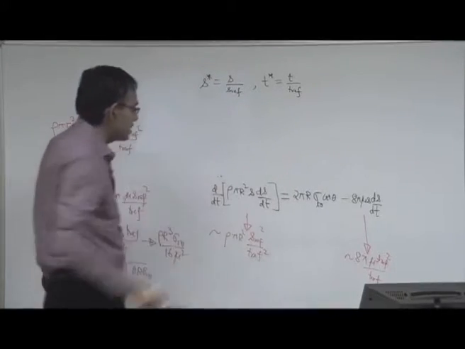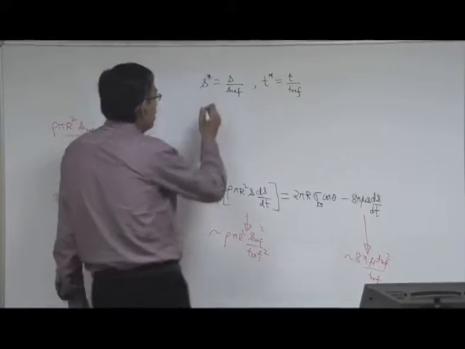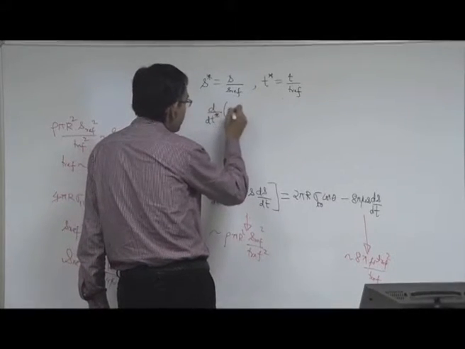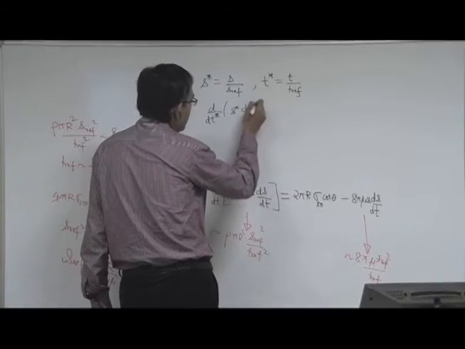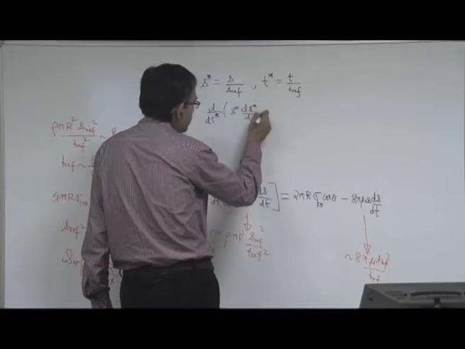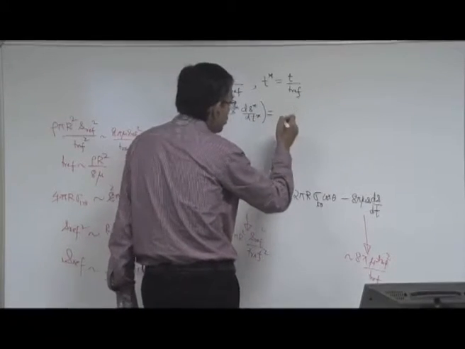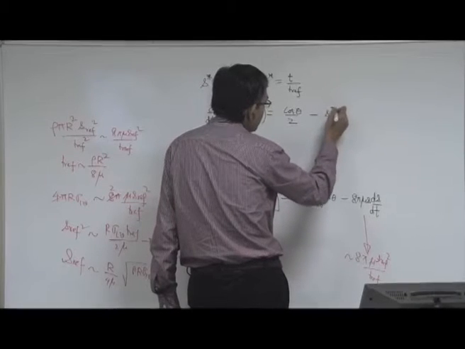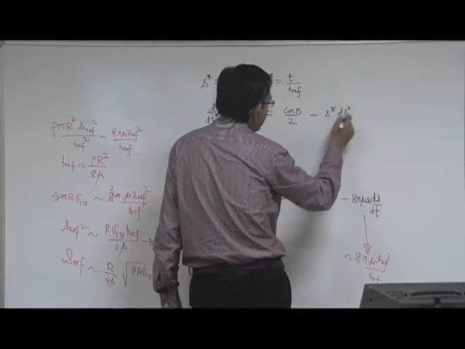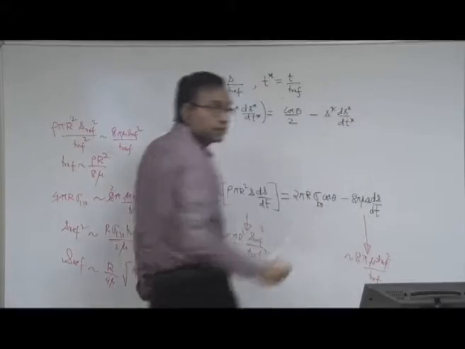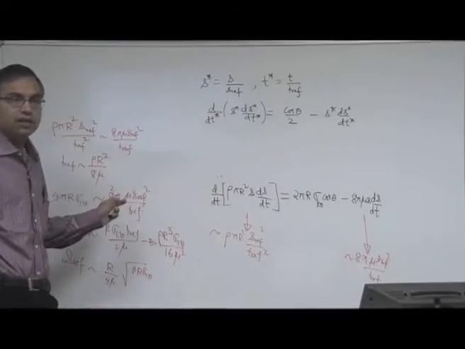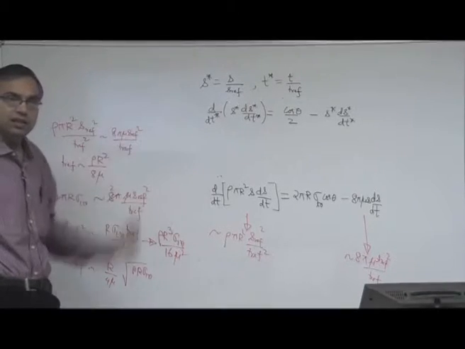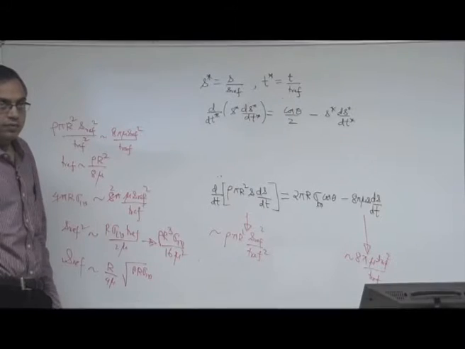Clearly, as we have chosen the scales, it will be d/dt star of S star dS star/dt star is equal to cos theta by 2 minus S star dS star/dt star, right. That is how we have chosen the reference things. Other things we have taken in the non-dimensionalizing coefficient, so they will get cancelled.